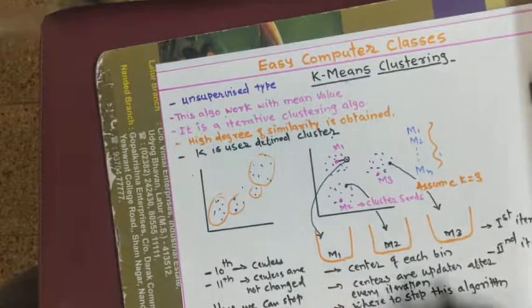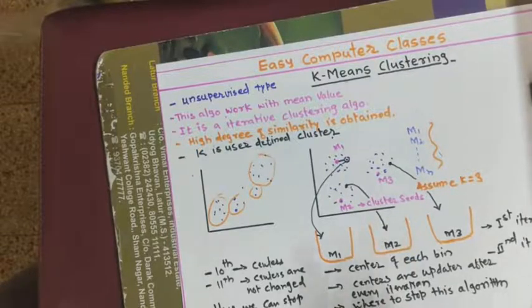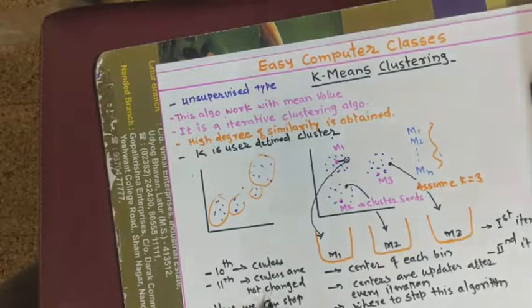After every iteration we get new centers, and we have to repeat the process again and again until we get the exact clusters and exact centers. If the centers do not change between two iterations, then the algorithm must be stopped. So this is called the K-means clustering algorithm.